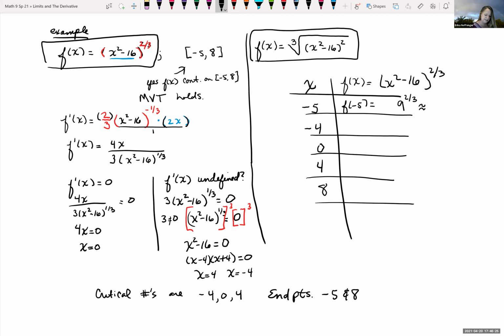That's going to give us approximately 4.3. Now we want to plug in negative 4 wherever we see an x. So negative 4 quantity squared is 16. 16 minus 16 is 0. 0 raised to the 2/3 power is 0.